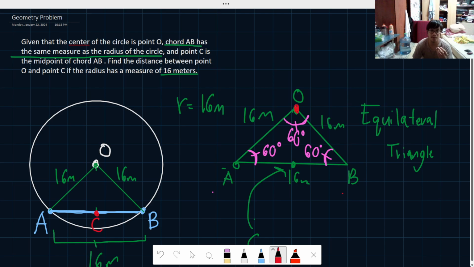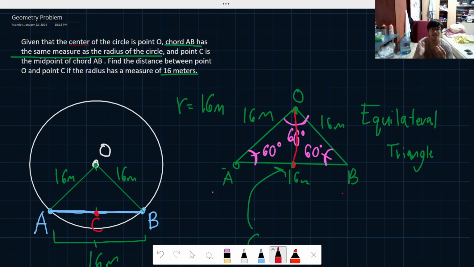From here, going here. Let me fix that. So from here, going here. That's it. So what happens if I draw a line from O to C? What happens is that the equilateral triangle is cut in half.